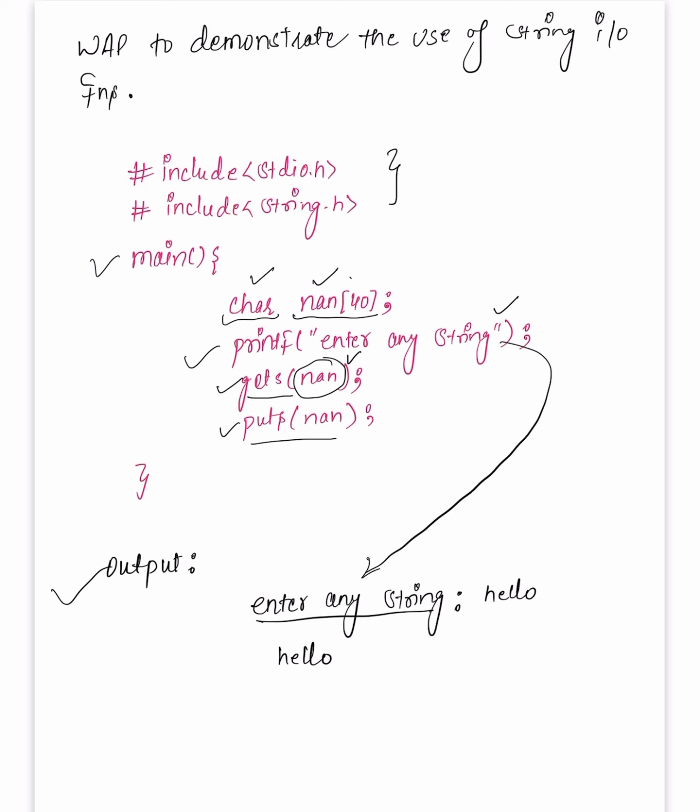We use the printf function for displaying this line, and after that the string hello will be read with the help of the gets function. Hello is typed by the user, and that string of characters will be displayed on the output device with the help of the puts function. Hello will be printed with the help of the puts function.